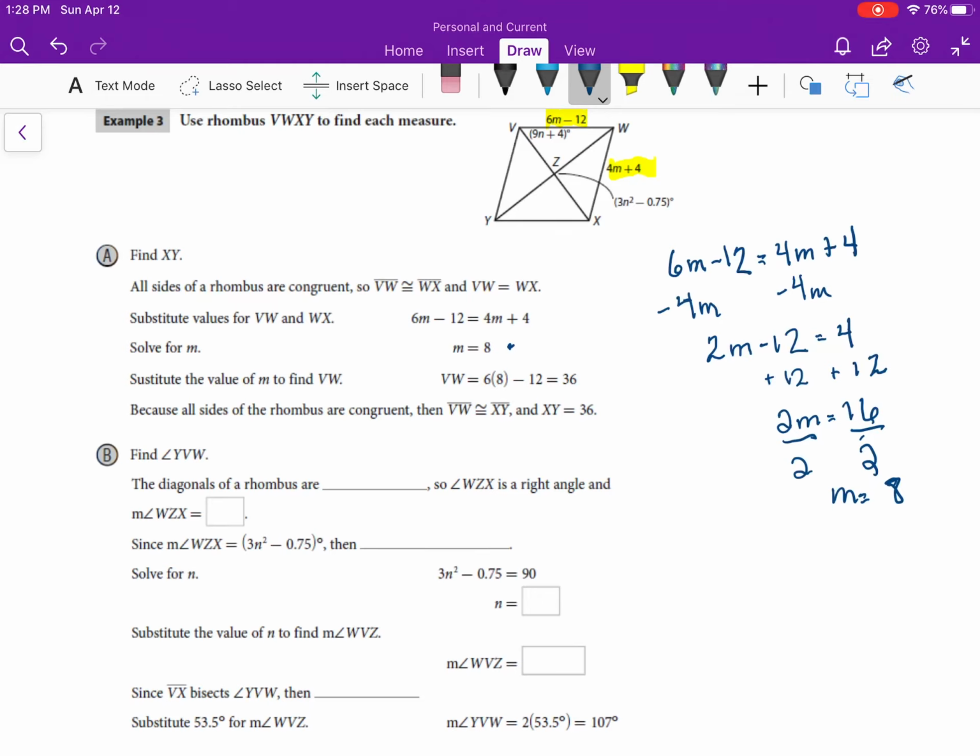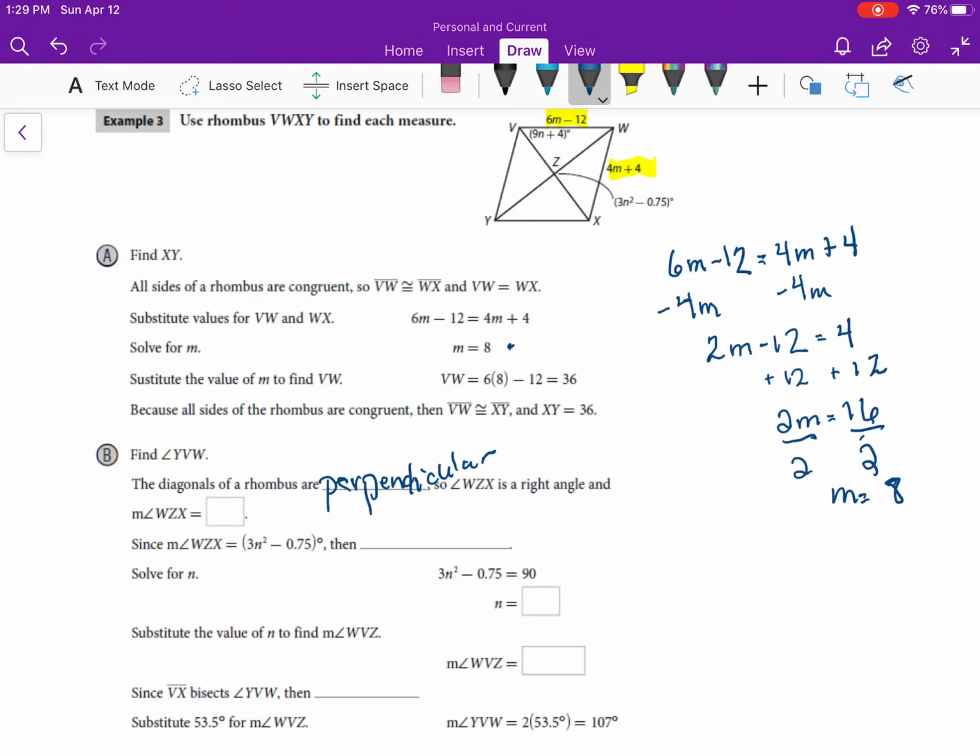Now I want to talk about these angles. So the diagonals of a rhombus are perpendicular. Remember, that's part of our definition of a rhombus.